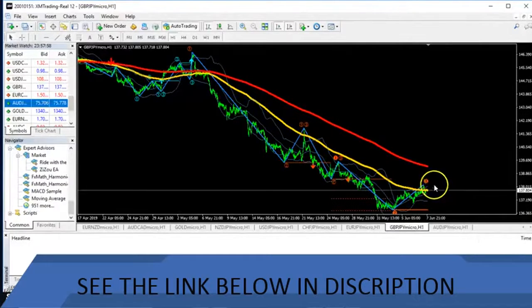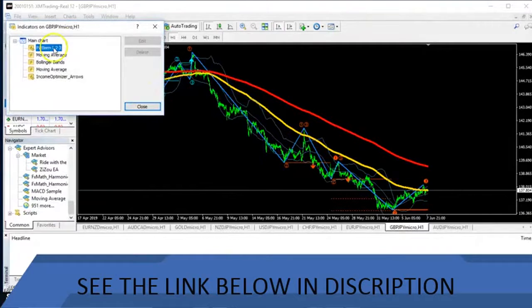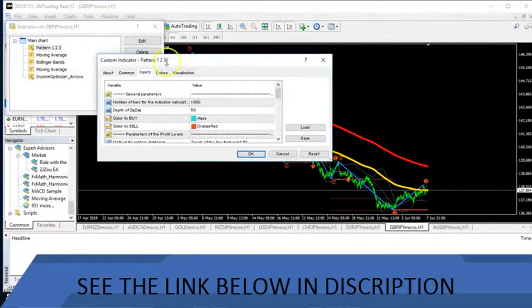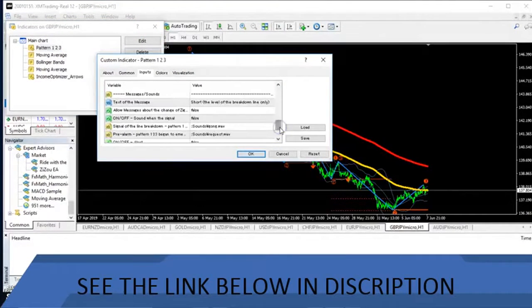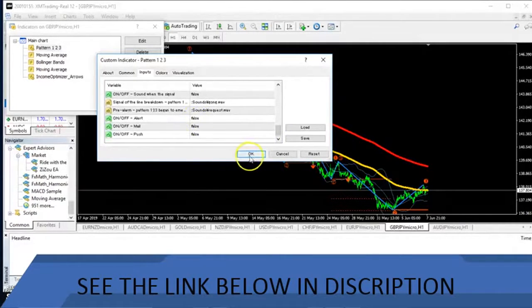The pattern 1 2 3 entry is good. It only helps you to enter along a reverse retracement, but we don't want to have too many entries. We just want one entry. That is why we went to silence the pattern 1 2 3 signal.